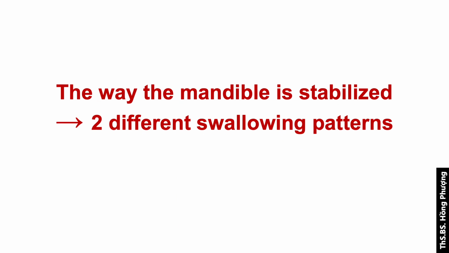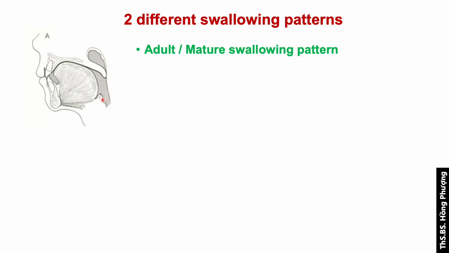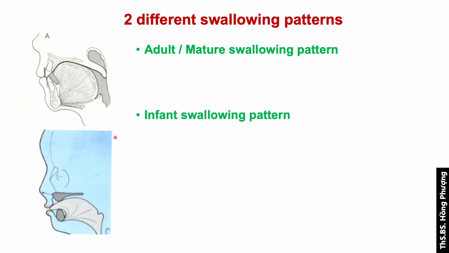There are two different swallowing patterns depending on the way the mandible is stabilized. They are the adult or mature swallowing pattern and the infant swallowing pattern.